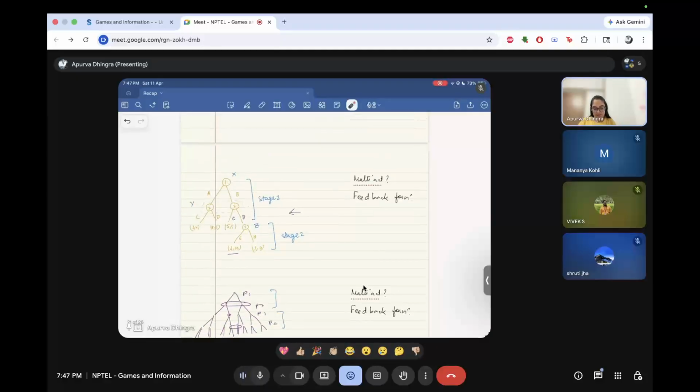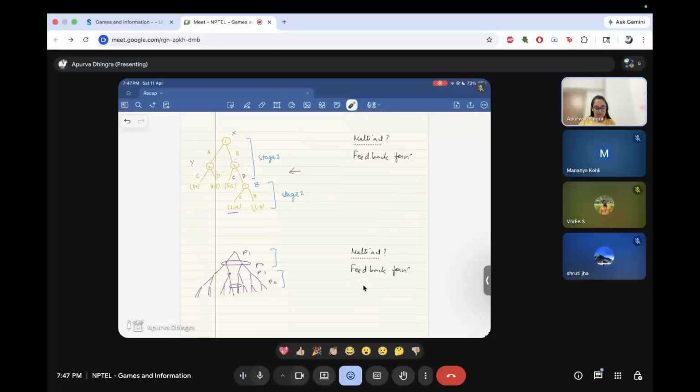The next thing that we saw in this lecture was what a multi-act game and a feedback form game are. Multi-act just means that players have a stage in which all players get to play at most once, and then there's a next stage where again players get to play at most once, and this continues.